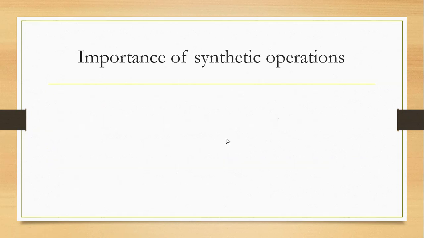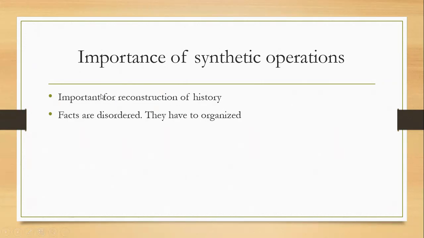What is the importance of synthetic operations? Obviously, the first thing is it is used for reconstructing history. Facts, whatever you are having, may be very much disordered and scattered, so they have to be organized. That is what synthetic operations do. Third, the sources are stored in different places.